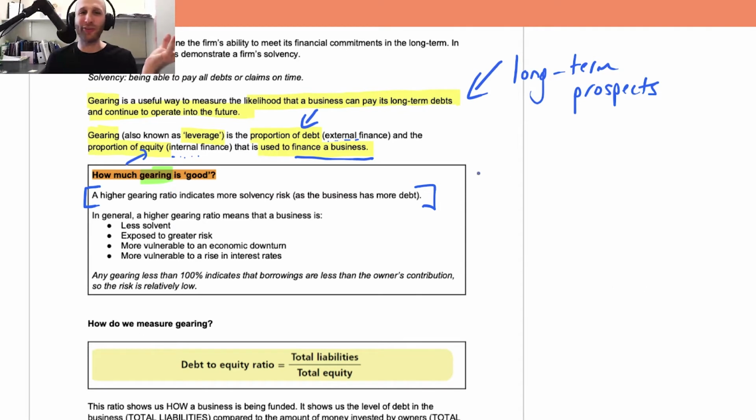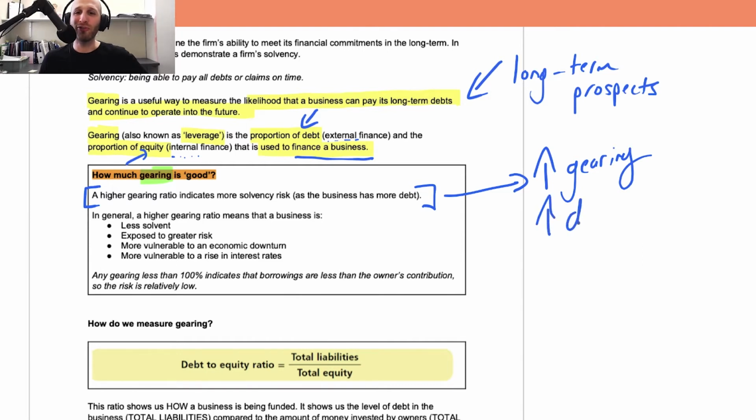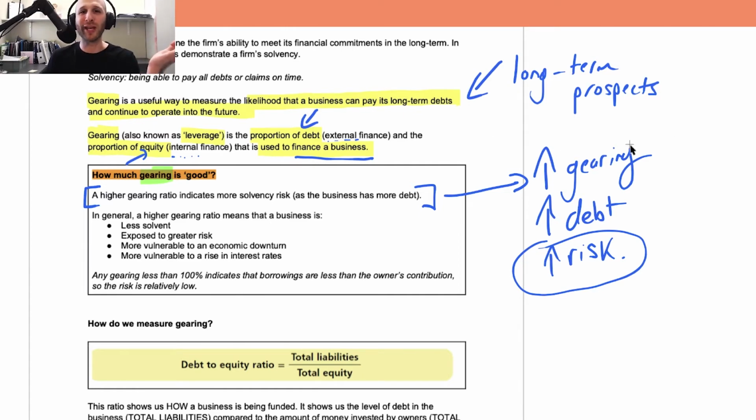To put it more simply, the more gearing a business has, the more debt it has, which means the more risk it's got. If interest rates go up or business conditions change, this could all be a problem.